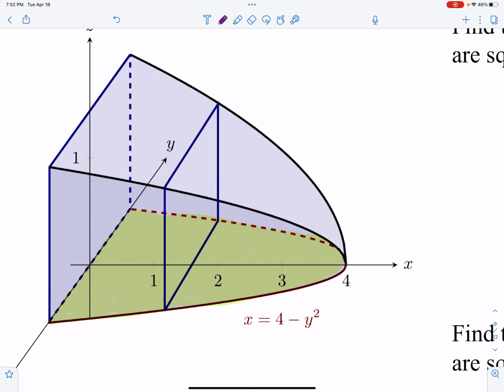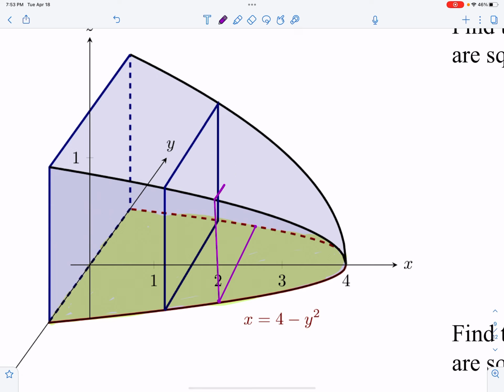Where each cross section is super thin, like a piece of paper. But the width of each cross section is this distance. So from the top of this sideways parabola to the bottom of the sideways parabola would represent the width of the square cross section, right?